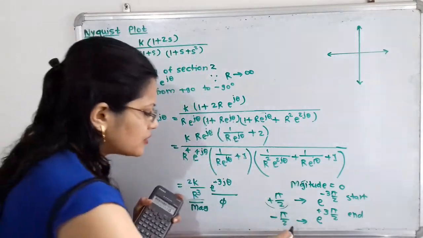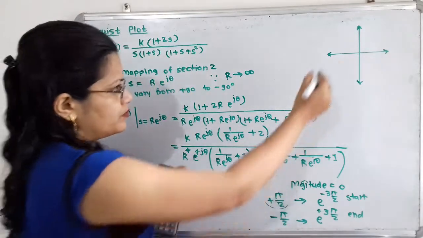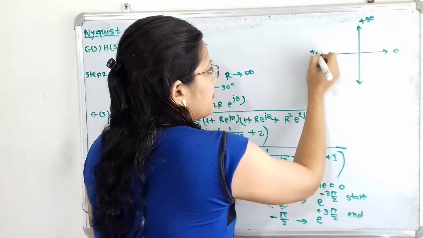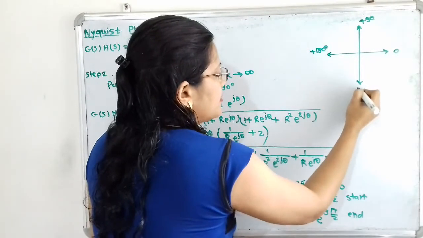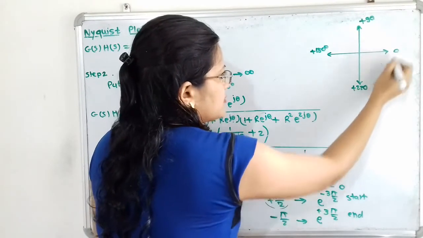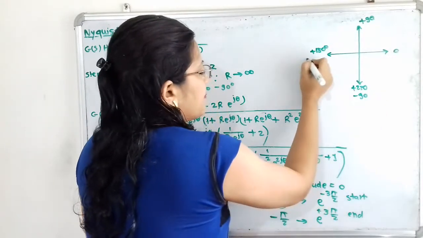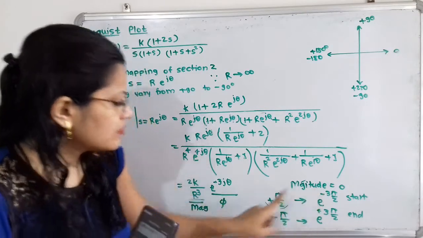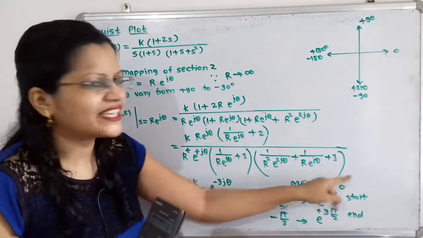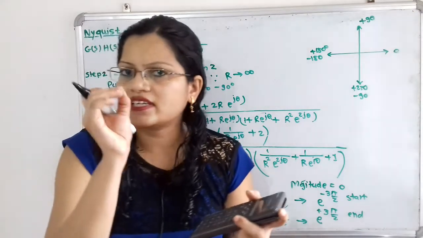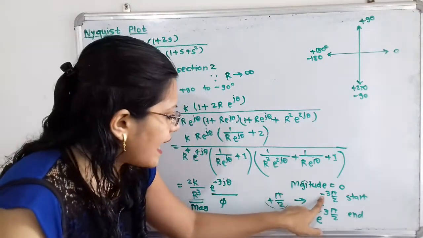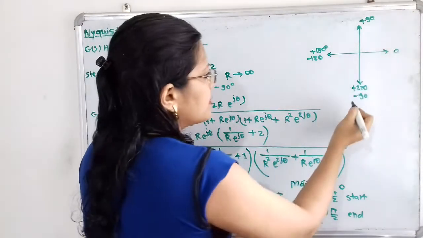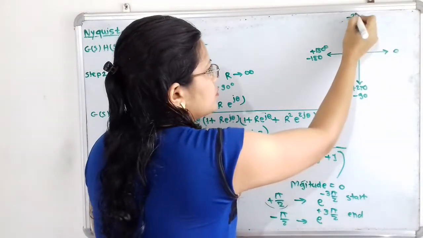Now if we observe here, plus pi by 2, 0, plus pi by 2, I will write plus 90, plus 180, and here plus 270, and 0, minus 90, minus 180. Now for this circle of 0 magnitude, I will take a very small radius, start at minus 270 degree. So here is the start point, that is minus 270 degree.